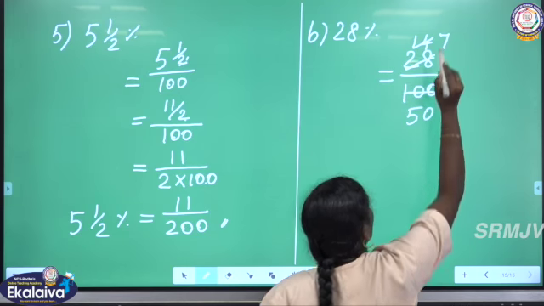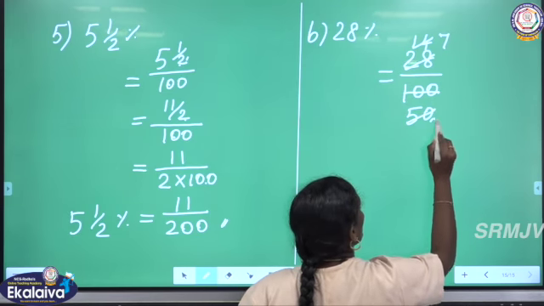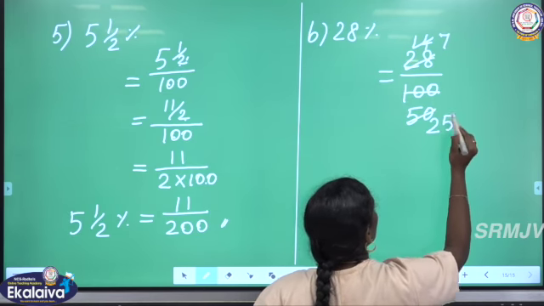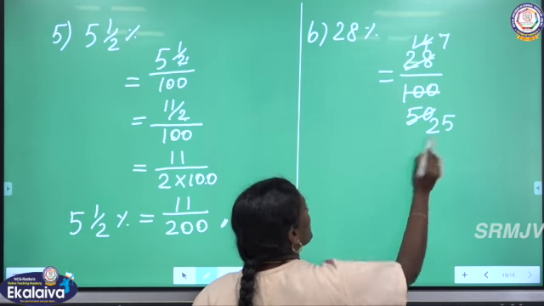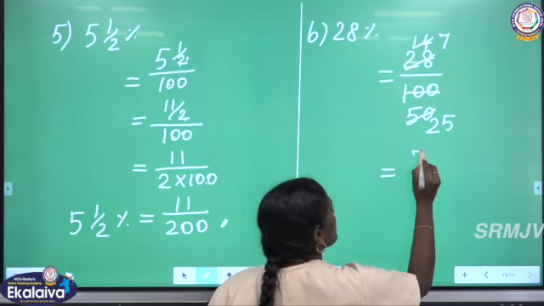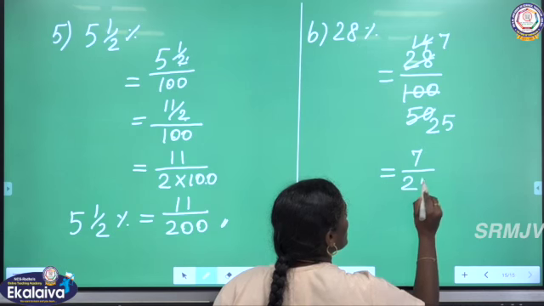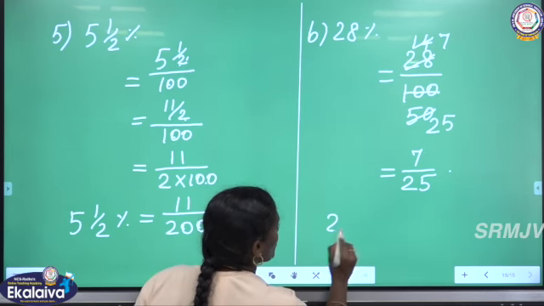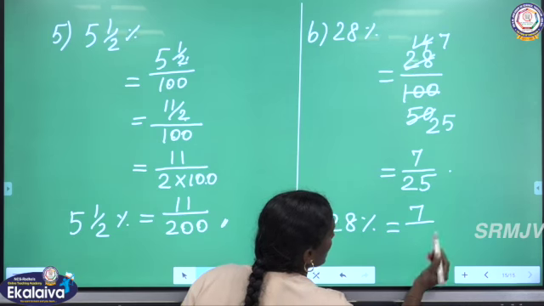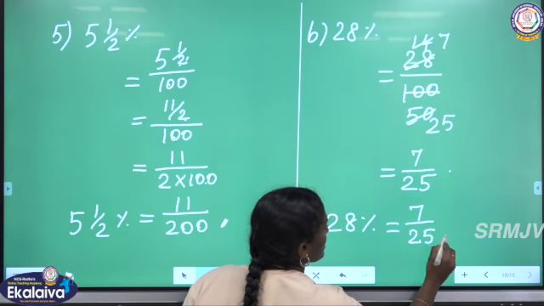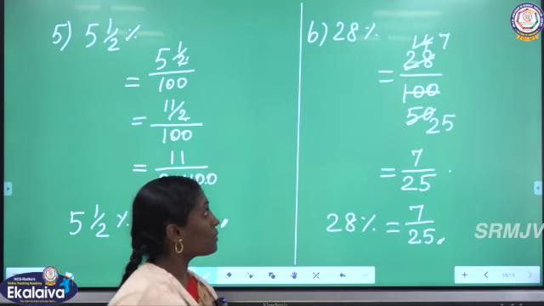In 2 table 7 times 14, here in 2 table 25 times 50. Now 7 and 25. 7 is a prime number, so we can't reduce it again. So 7 by 25 is the fraction. So 28 percentage is equal to 7 by 25. This is the fraction for the given percentage.